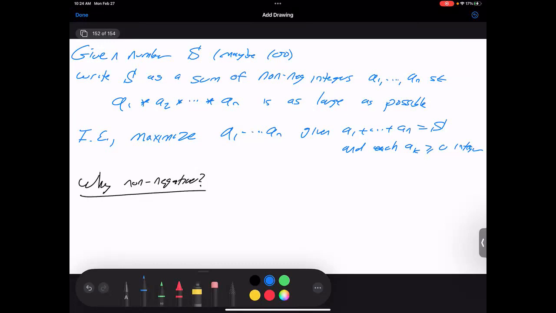So when I say non-negative, what's the first thing that comes to mind that I've excluded? All negative numbers, but there's something else that's excluded when I say non-negative. What else is excluded?